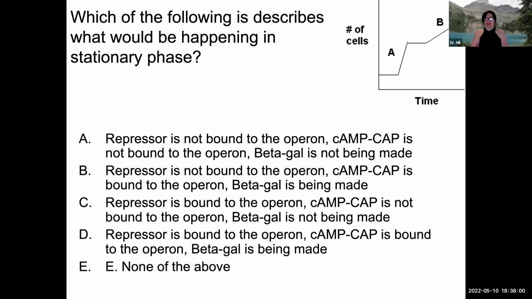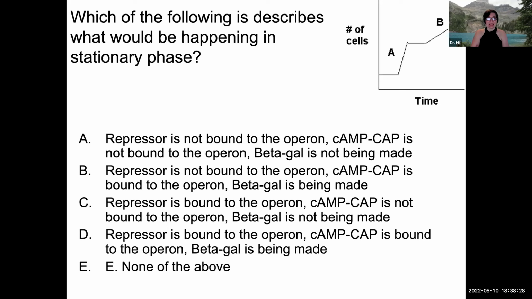So it's sitting in the operator because lactose is gone. It's bound to the operator. Okay. There's no glucose. No glucose. It's an emergency. Where's CAP? CAP is active, CAP is bound. Okay, now they're both bound.